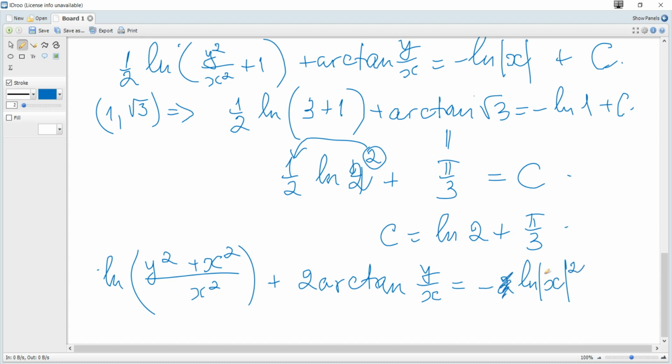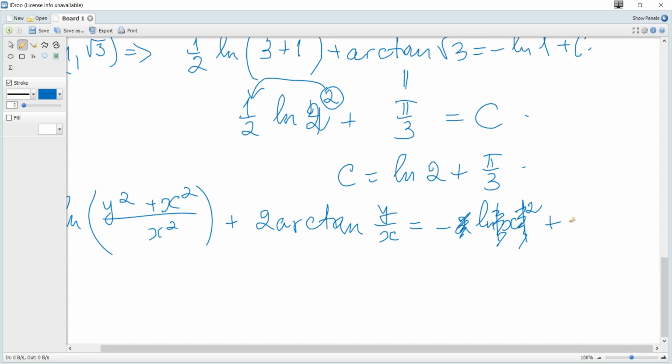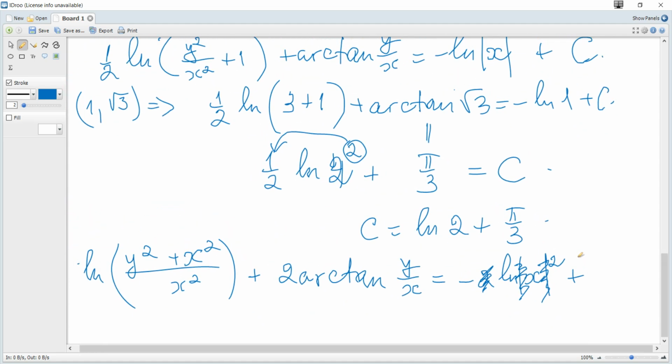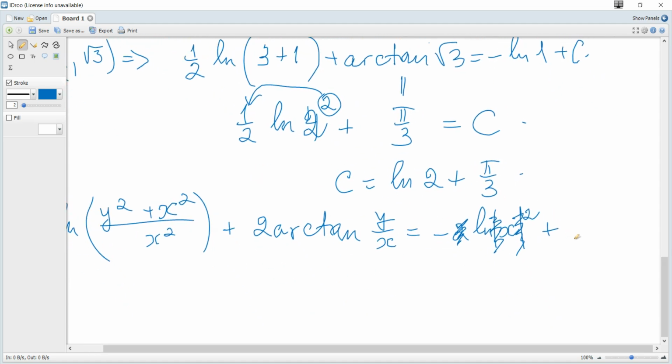And if it's squared, we can not write the absolute value, and plus c, and c is ln 2 plus pi over 3, but it will also be multiplied by 2, so it becomes 2 ln 2, and again it can be written as ln of 4 plus 2 pi over 3.